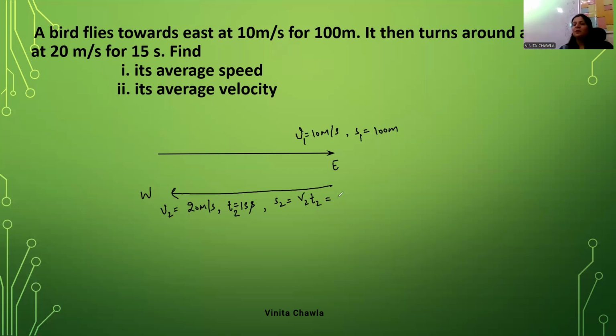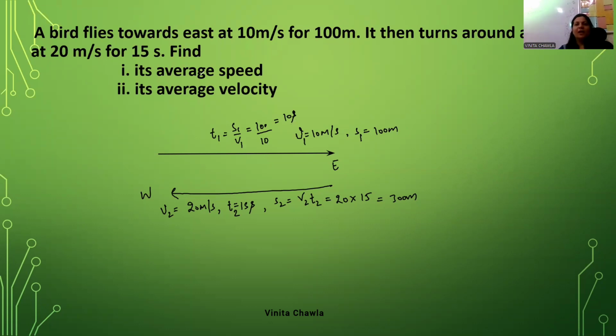V2 is 20 meter per second, time is 15 seconds. What will you get? 300 meter. And we can find T1 here. T1 is S1 by V1. So it's 100 upon 10. So time is 10 seconds.